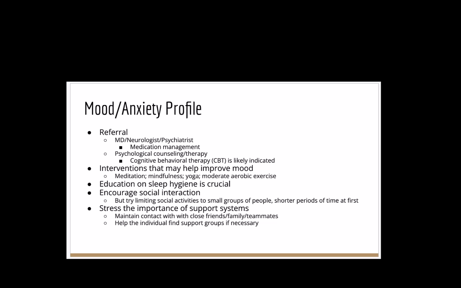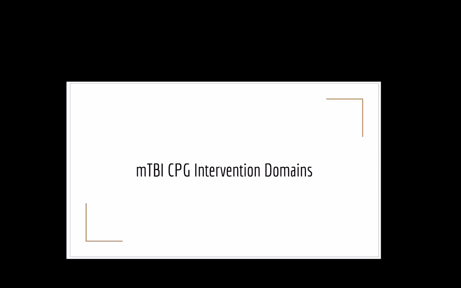I might encourage them initially to limit the size of their social activities or how long they do those activities, and again use some symptom thresholds to help guide that. Let's start small, create opportunities for social engagement, but for shorter periods of time with fewer people, and then we can ramp up those opportunities later to get them more fully engaged in society.